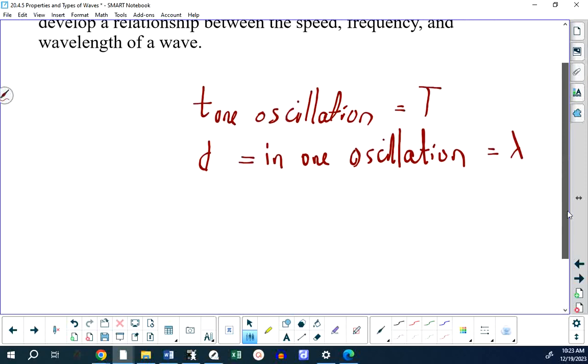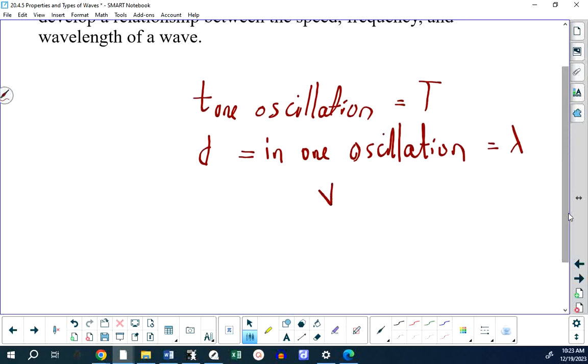So how can we find the speed of a wave? Well, speed is distance over time. And that's the wavelength over the period. But we don't like to talk about the period of a wave. I mean, we can, but when we talk about a wave, like a light wave or a water wave or a radar wave or a sound wave, we talk about frequency.